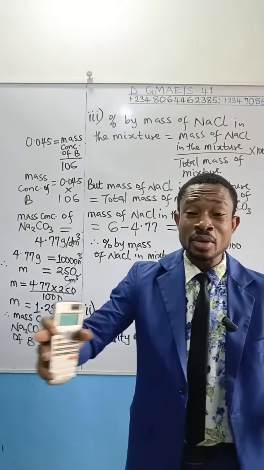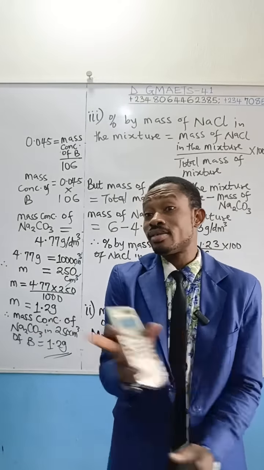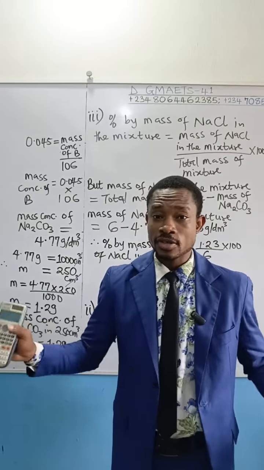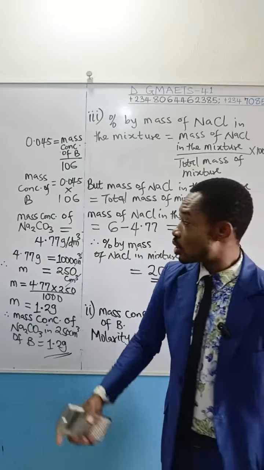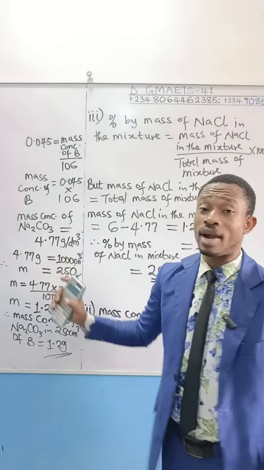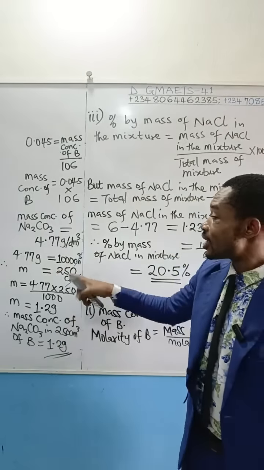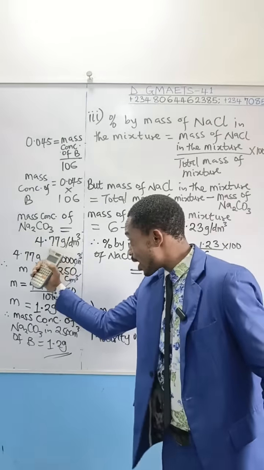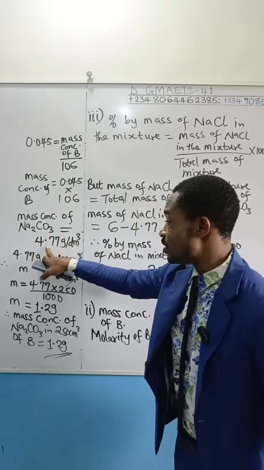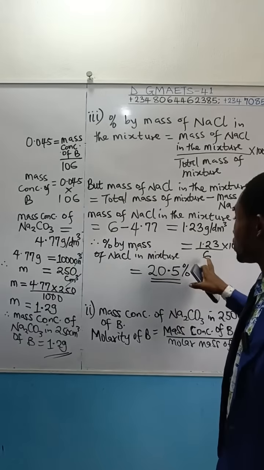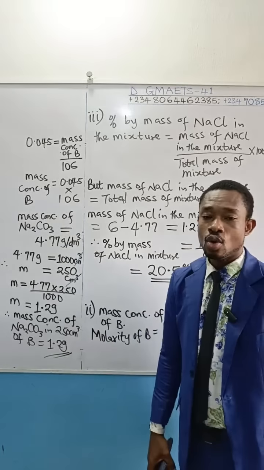Remember, why I'm explaining all these things is that your examiner has his choice or his choices. You see the way this question has been presented. The examiner could have asked you to calculate the percentage purity of sodium carbonate. In that case, since you have gotten this particular sodium carbonate in 1 dm cube of solution, it's now going to be this mass divided by total mass, which is 6, and multiplied by 100.